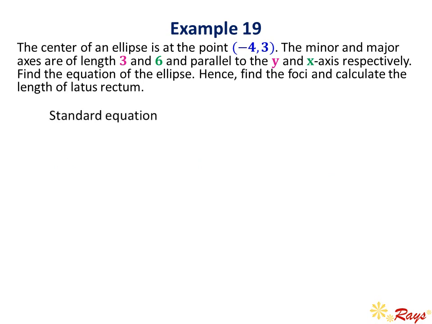So let us set the standard equation first. Since we know that the major axis is parallel with the x-axis, we have to make sure that a squared is the denominator for x squared. We know that the formula of the length of the major axis is 2a.